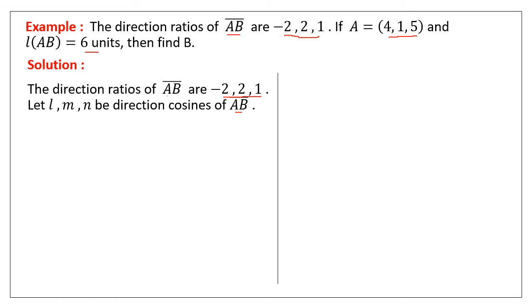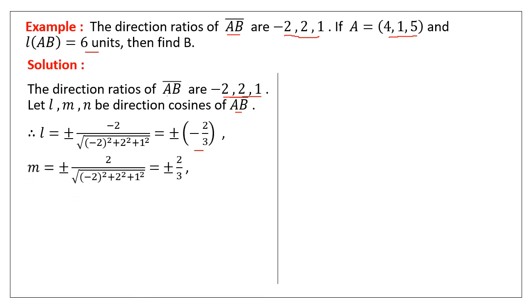Now we know student L = ±A/√(A² + B² + C²), meaning where the direction ratios are given, we can find out direction cosines. So L = ±(-2/3). Similarly, we will get M as ±2/3 and N as ±1/3. See student, these direction ratios are nothing but the slope of that line.